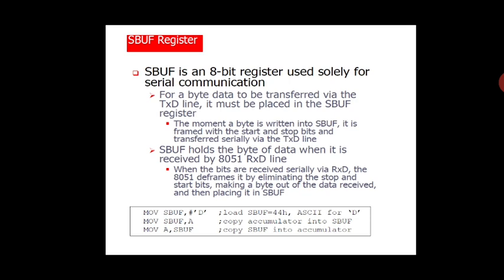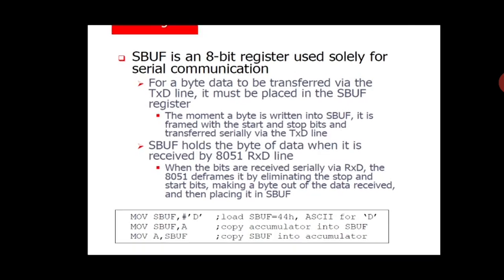When the bits are received serially via the receiver, the 8051 deframes it because it is a total of 10 bits. Your 8051 understands only 8 bits, so you remove the appended start bit and stop bit, and the byte is copied into the corresponding register as your program requires. Especially, we use the accumulator to load and store.